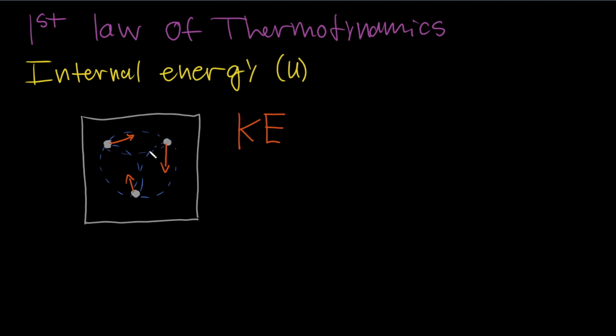Now, these forces are going to be described using potential energy. So, in this simple system with three particles, we have both kinetic and potential energy. So the total energy, or the internal energy, is going to be equal to the sum of kinetic energy plus potential energy.